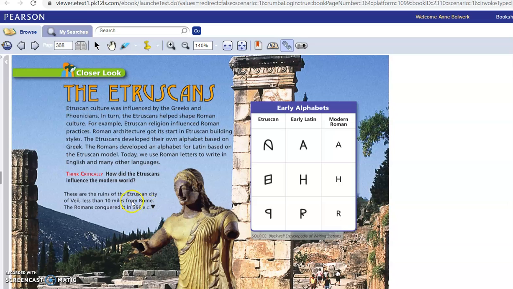This is the ruins of an Etruscan city, Veii, which if you want to, you can also look up on Google Earth. The Etruscans built in wood, and because they built in wood, there's not a whole bunch left. But we've learned from Etruscan cities that terracotta was used to make the statue of Apollo, a Greek god's name, and that was very important to the city of Veii.